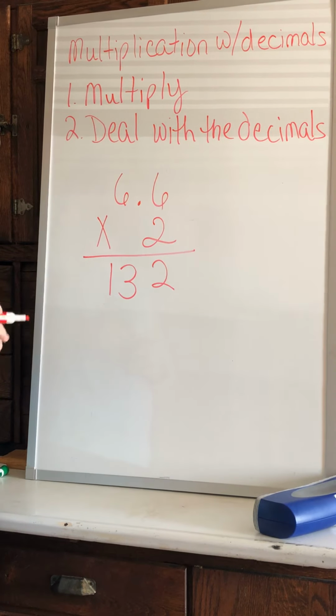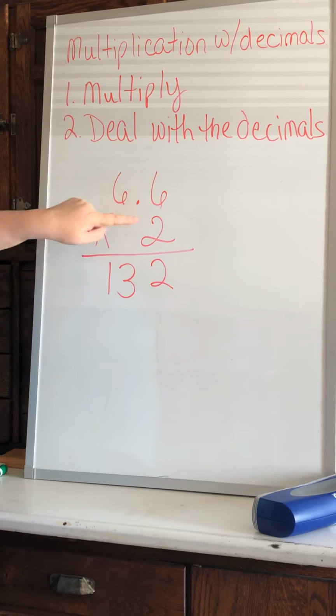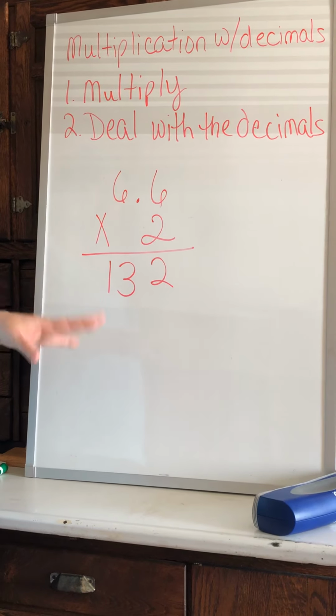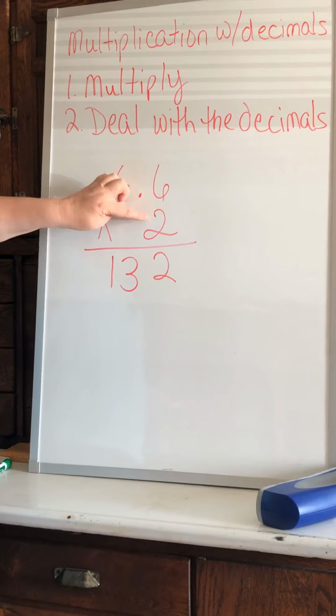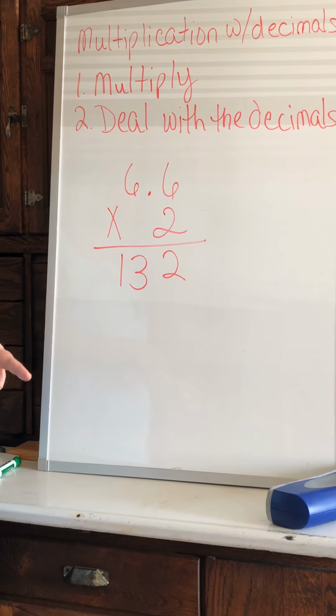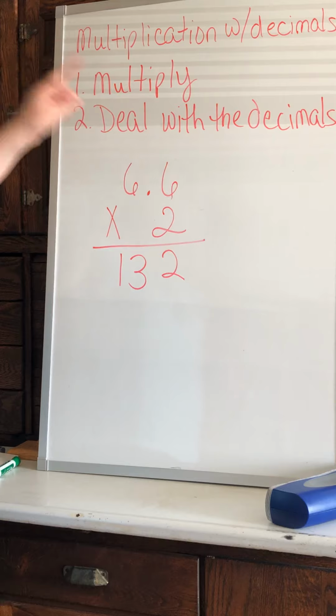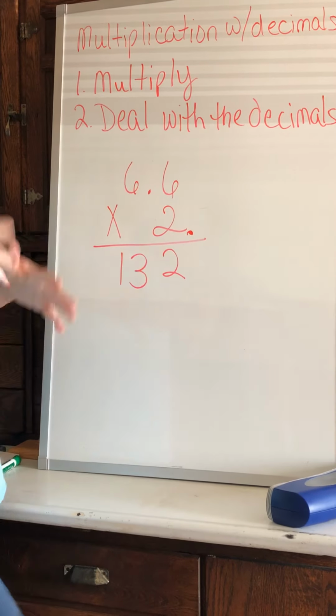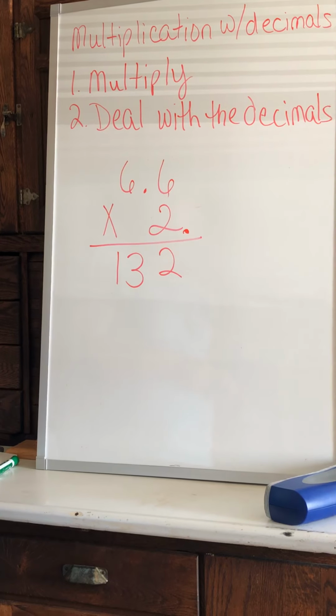Now, where is the decimal for this 2? That's the question I'm always going to ask you. If you're dealing with decimals and you have a whole number and you don't see the decimal, where is that decimal? Well, it's at the end. Always tell me your answer is, oh, it's at the end or it's behind that number, okay?